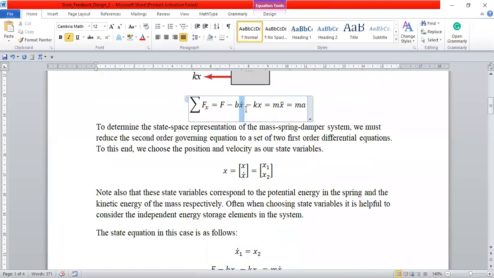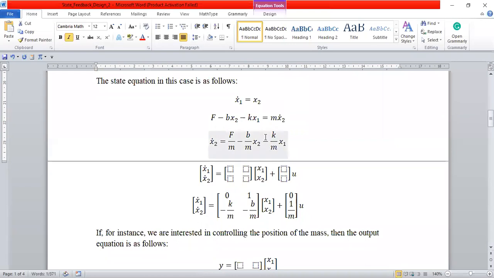So x dot is x2. So here this is x1 and this is x2 dot. So after expressing it in this form, we arrive at this. Then the state space form is x dot is equal to Ax plus Bu. So we need to get the A matrix and the B matrix. But first of all, this is x dot.